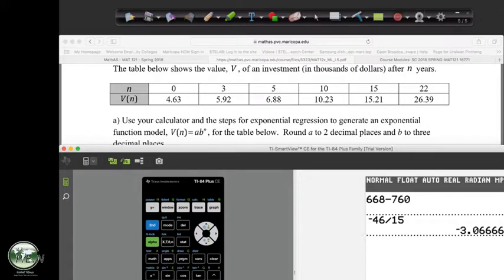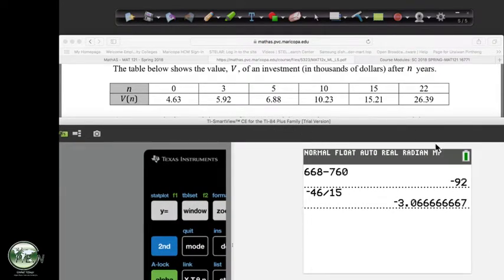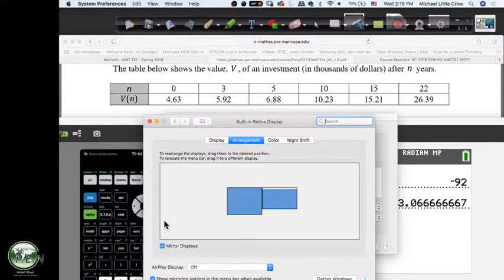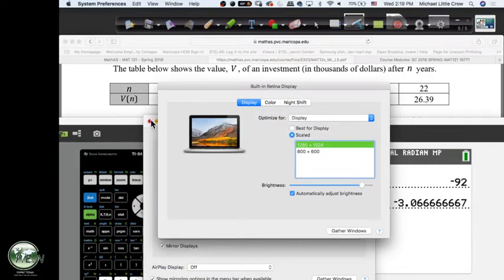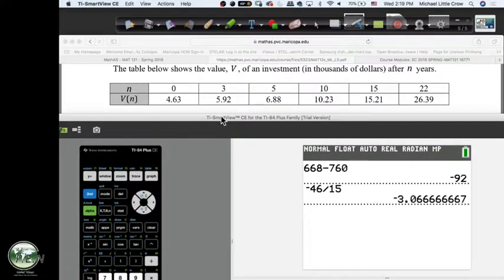Okay. So these are typically a little bit easier. Oh, shoot. Try one more thing. There we go. Okay, so we'll mirror the displays. There we go.